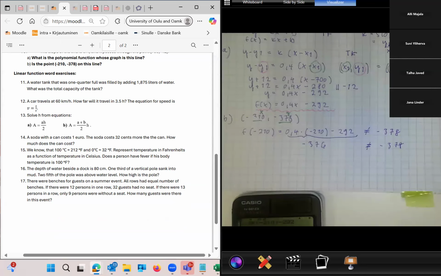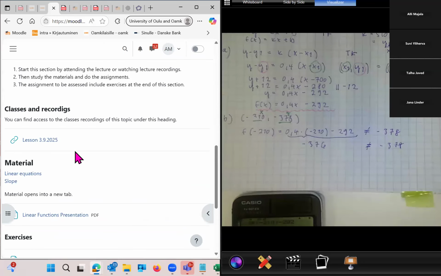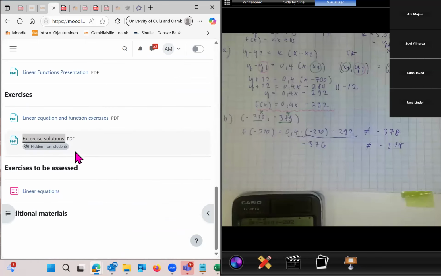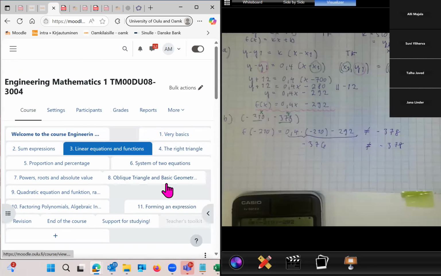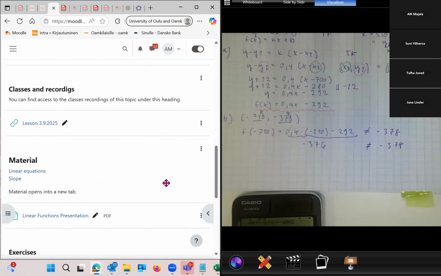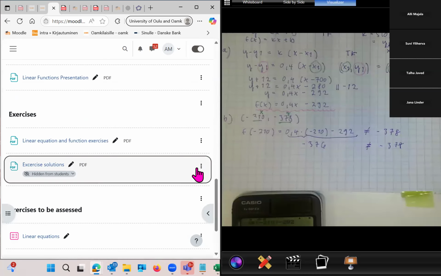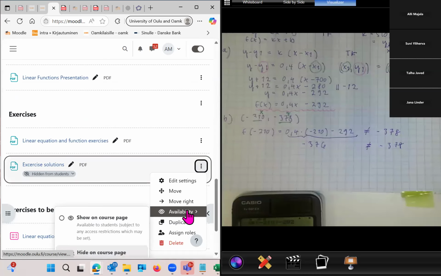Do you want to also have now, I can put this, because there are the solutions. I have to put it like this. And oops. So they are hidden. I think they might not be in correct order.